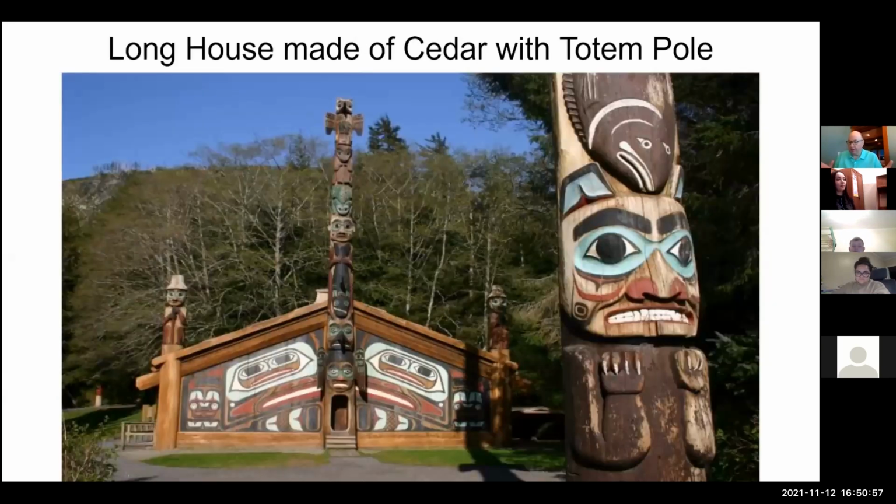And in my part of the country, in the state of Washington, we have lots of trees. It rains a lot. We have the ocean. It's a very different place than the Southwest. And so they made wooden houses, and they decorated them incredibly, these amazing designs.